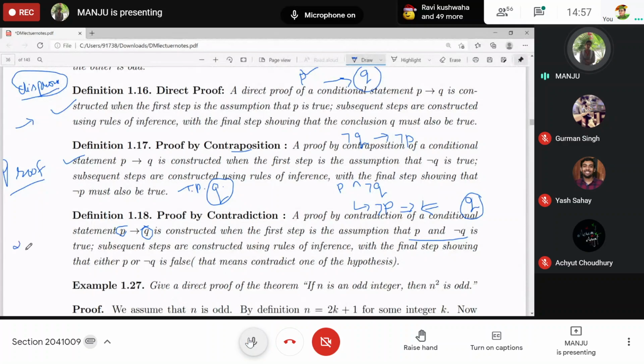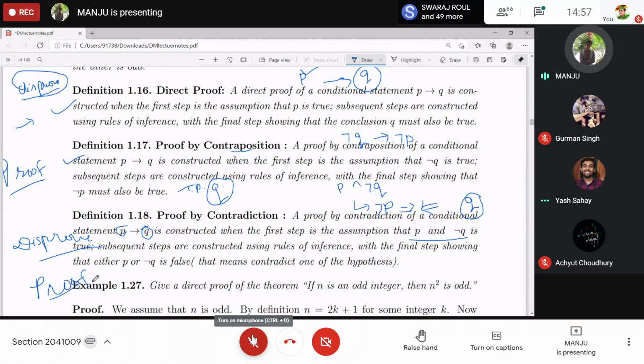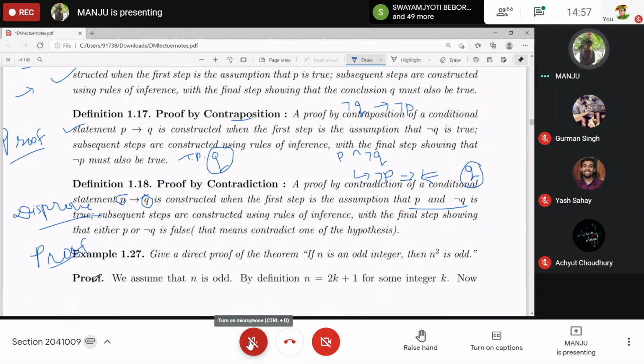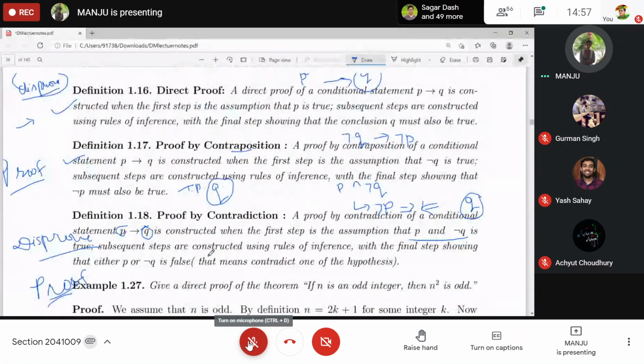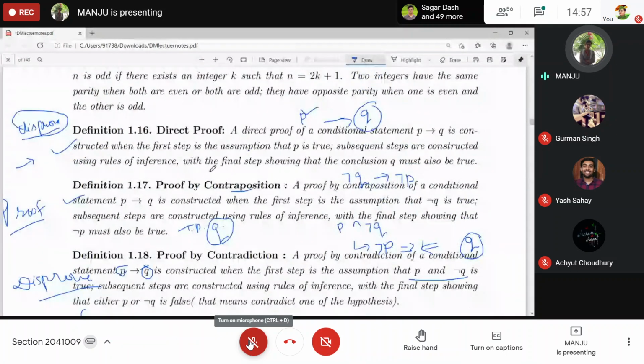If you want to disprove some statement, then just give the counterexample. That is enough to disprove the thing. But if you want to prove something, then just giving an example as evidence will not be enough. For proving, you need to give the proof. That can be direct proof, contraposition or contradiction.